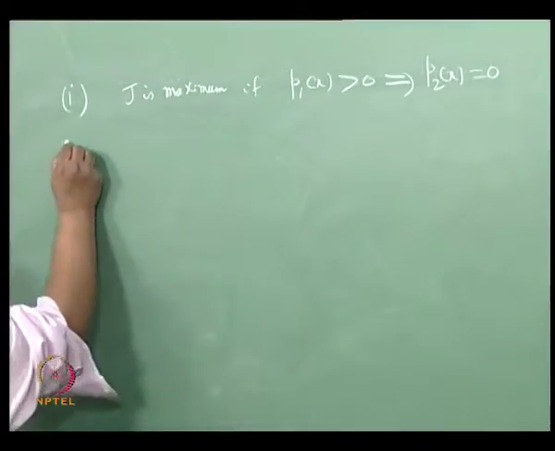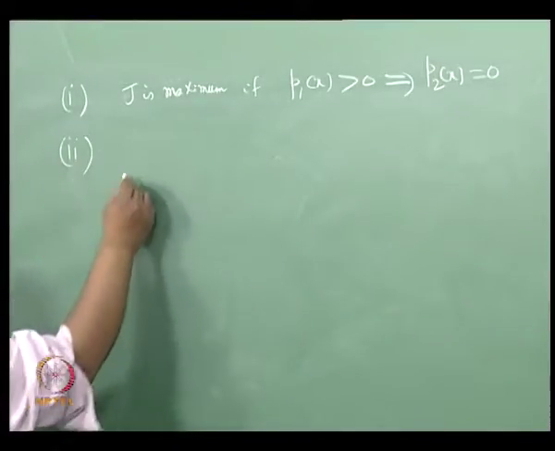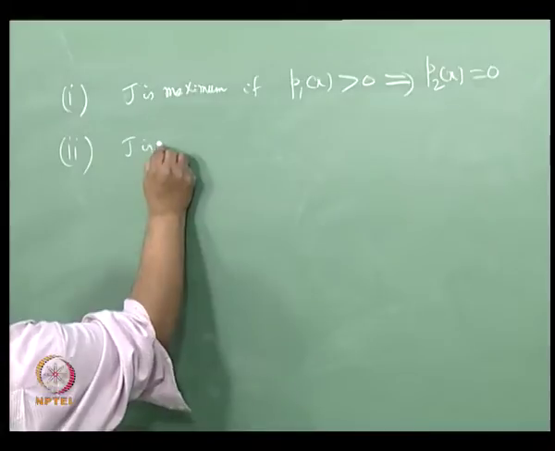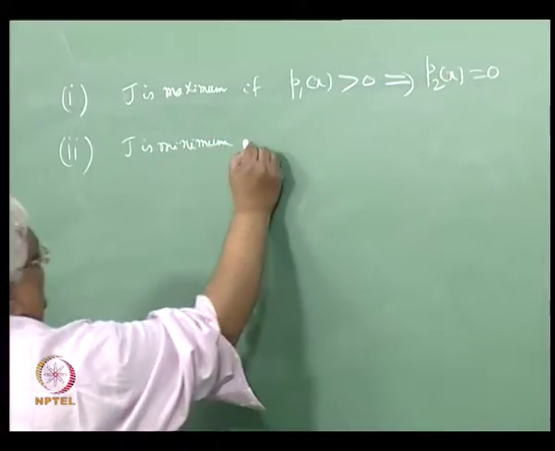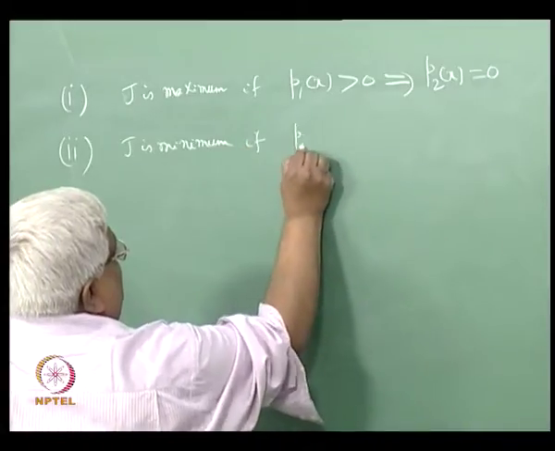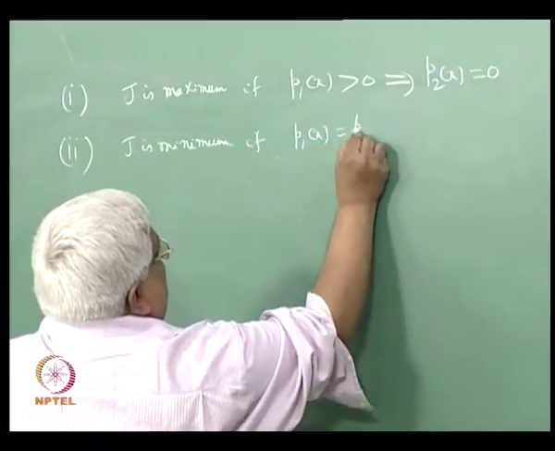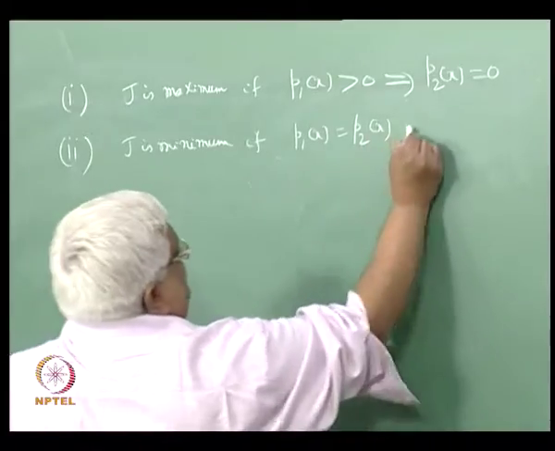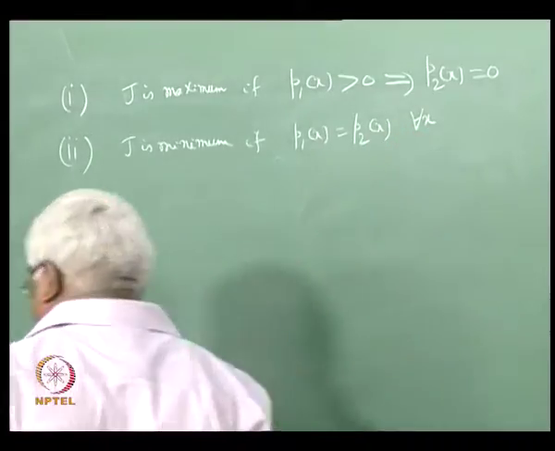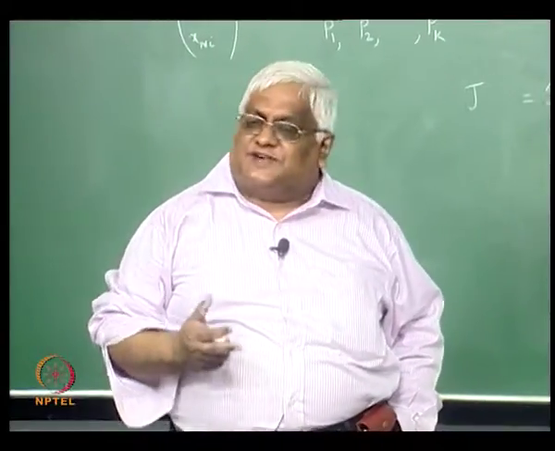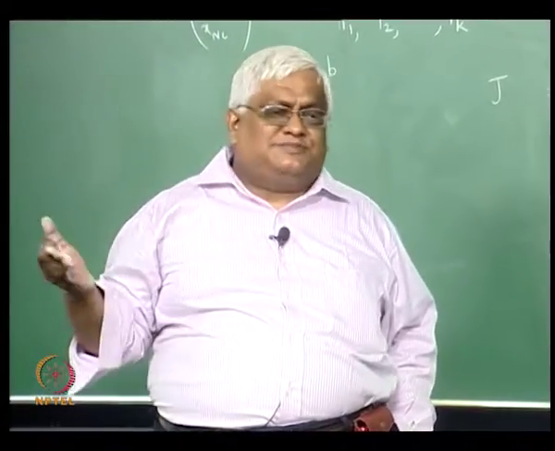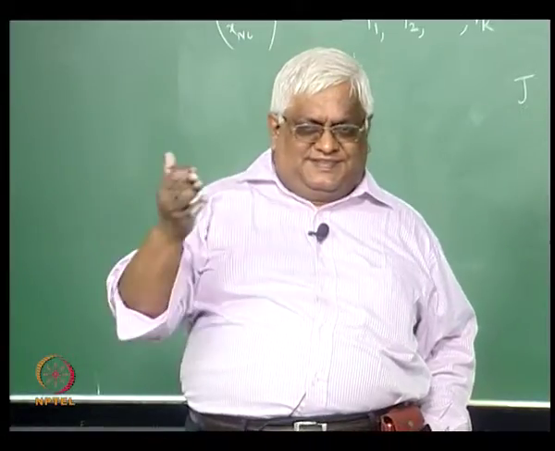2, J is minimum if P1 x is equal to P2 x for all x, then there is no separation between the density functions. Am I right?